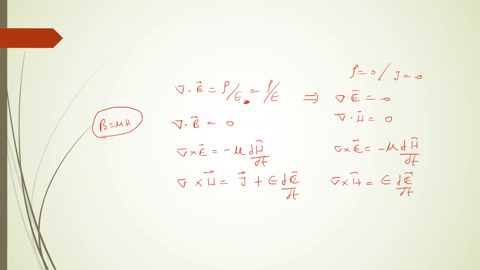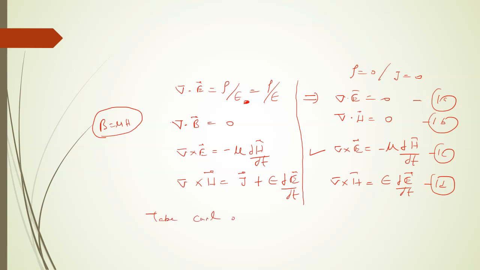I have derived all these Maxwell equations and summarized them in my previous video lectures, including for free space, so I am just rewriting them here. This is equation 1a, this is 1b, this is 1c, and this is 1d. We have four Maxwell equations. Now take the curl of the third Maxwell equation, equation 1c.